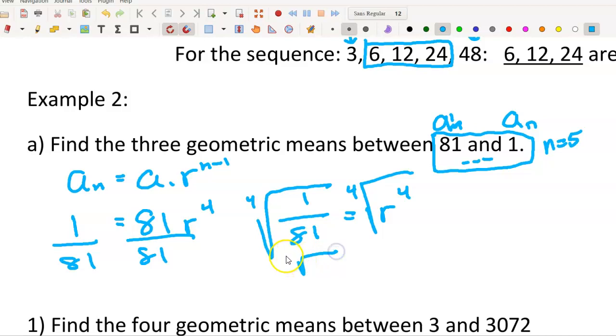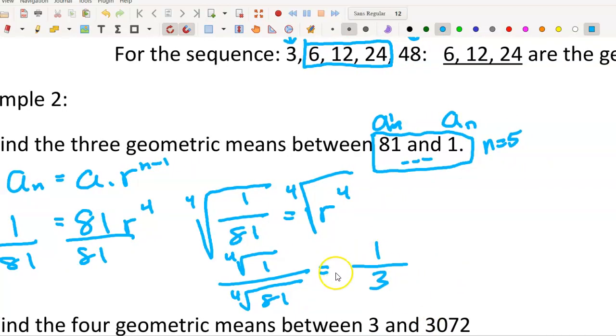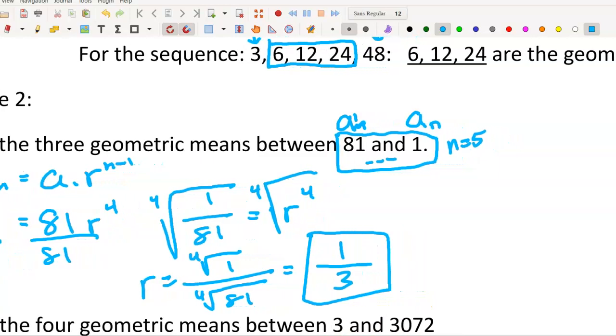The 4th root of the top is just 1, because 1 times 1 times 1 times 1 is 1. And you might know this: what number multiplied by itself 4 times equals 81? Yep, it comes out to 3. So we've determined our r equals 1/3, or dividing by 3. Multiplying by 1/3 is dividing by 3.